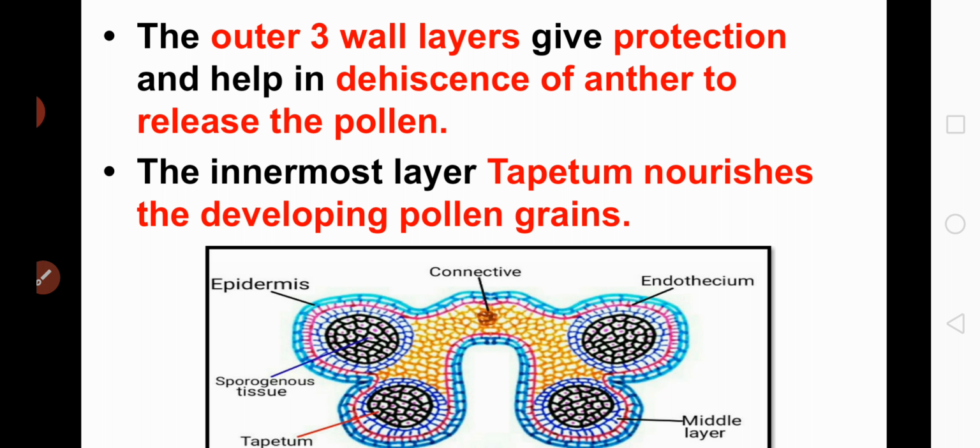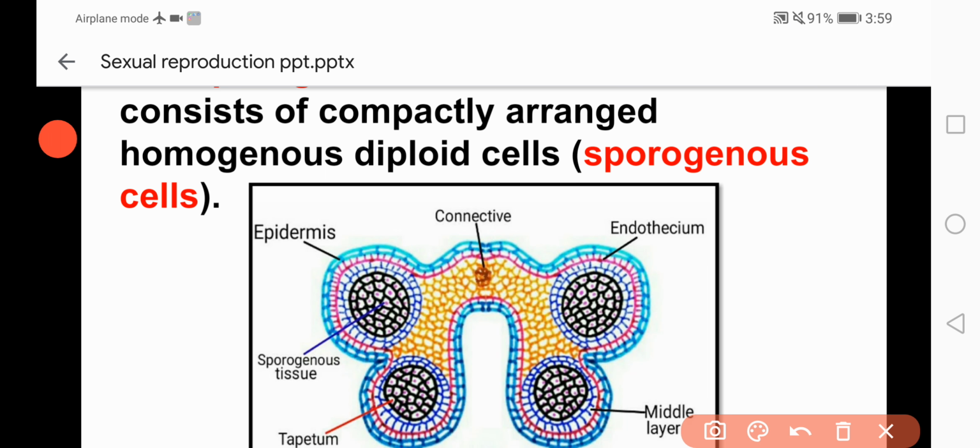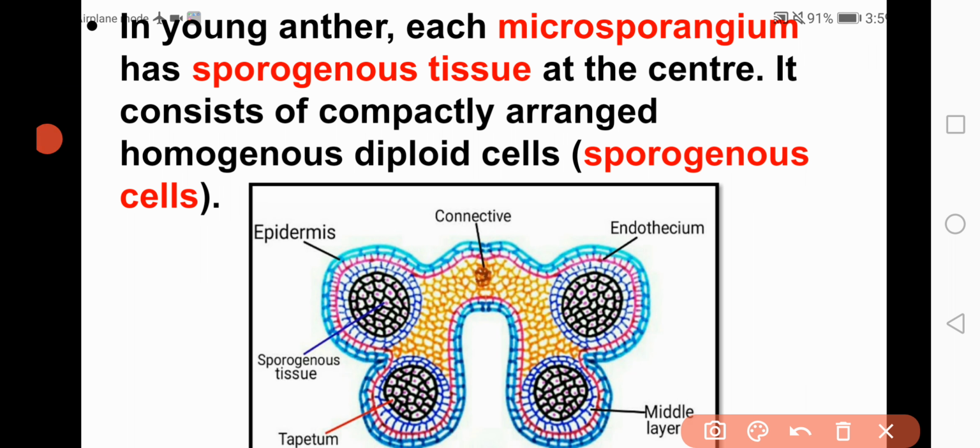Now, next to the tapetum, the microsporangium contains a group of tissue that is called sporogenous tissue. That means at the center, each microsporangium contains sporogenous tissue.